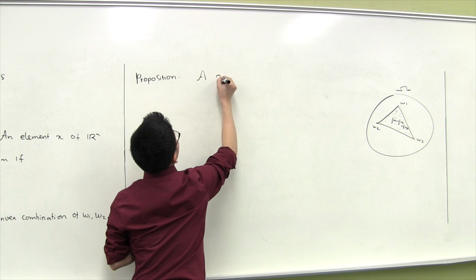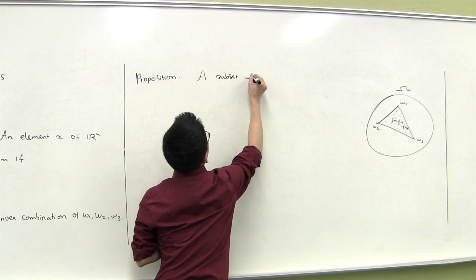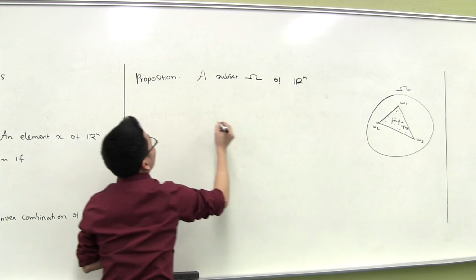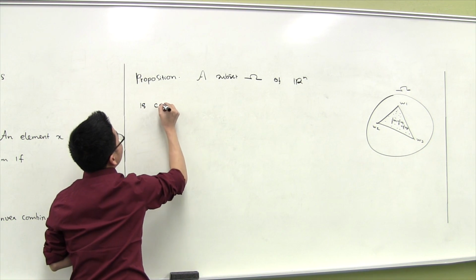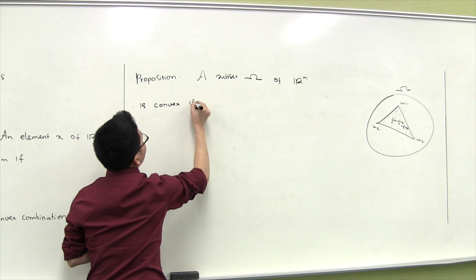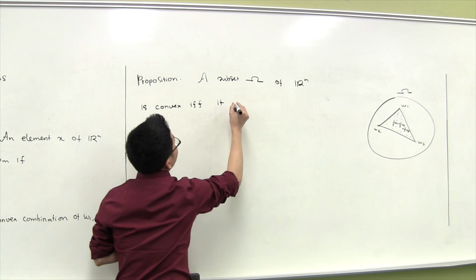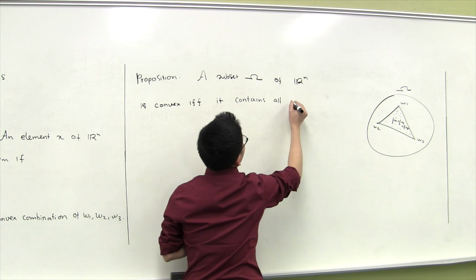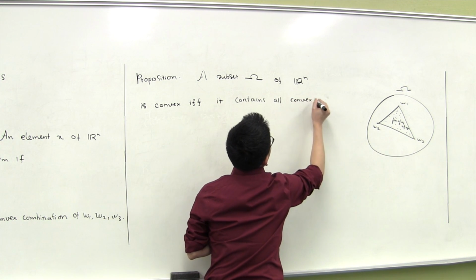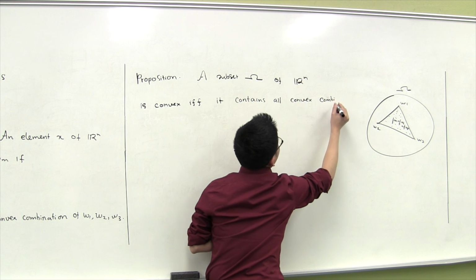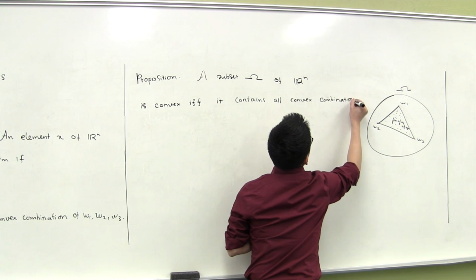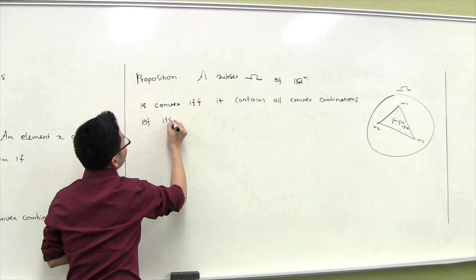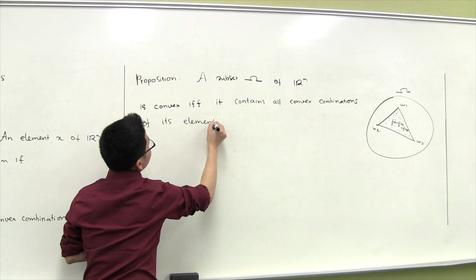A subset omega of Rn is convex if and only if it contains all convex combinations of its elements.